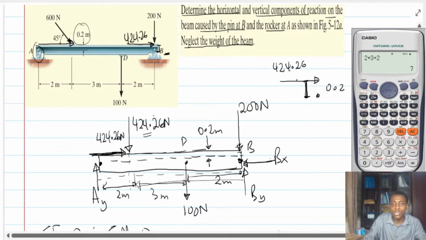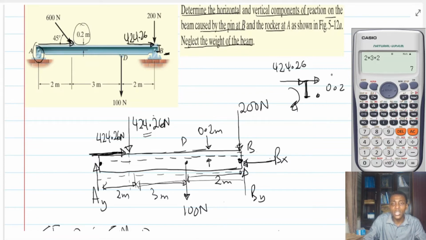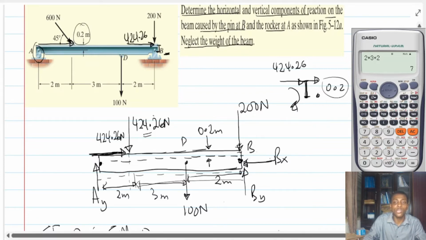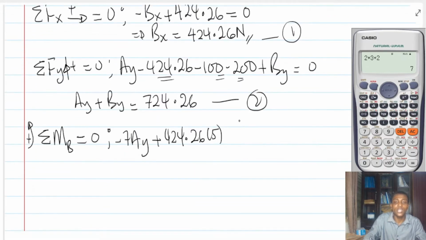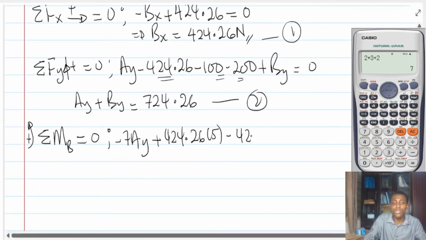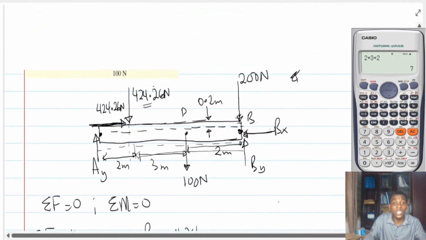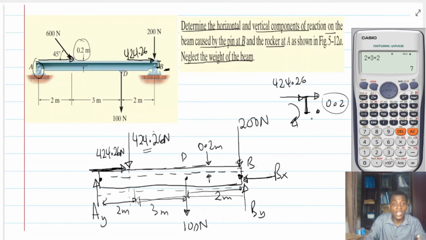The moment that is going to be caused by this is going to cause it to rotate in the clockwise direction. It's going to be minus 424.26 multiplied by 0.2. But many people will get this question wrong. You have to open your eyes and look at it carefully.